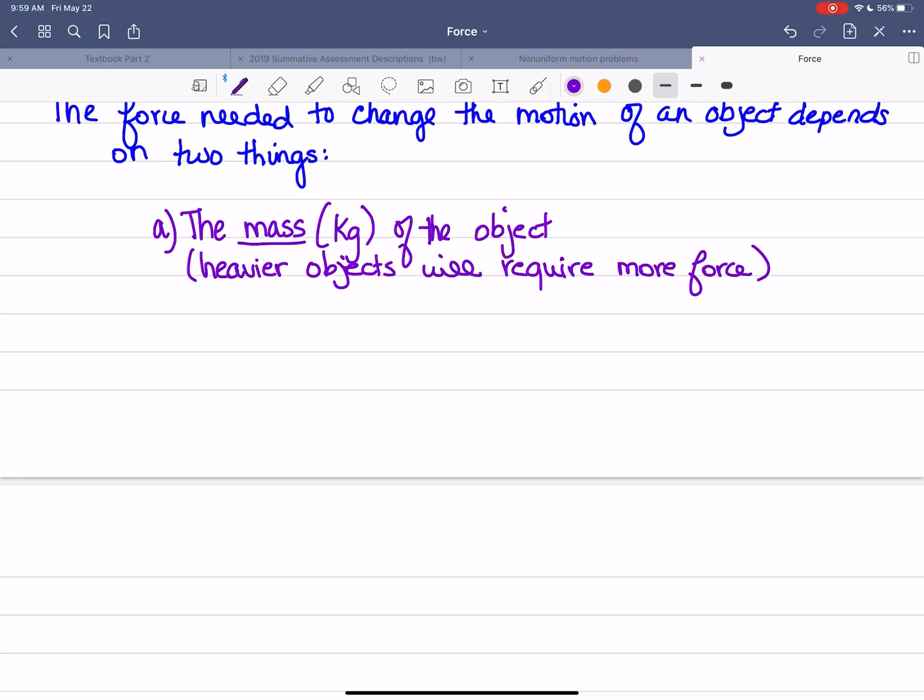So the mass is one. And then the second thing that is going to determine how much force I have to apply to an object is the acceleration. And we just learned about acceleration. It's meters per second squared. That's the unit for it.